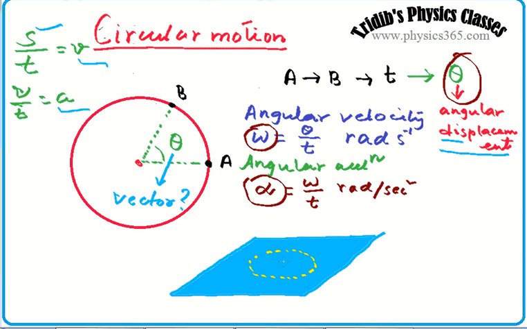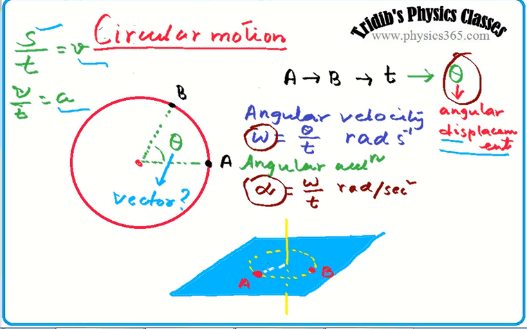So definitely there must be an axis of rotation. So this is the axis of rotation. Okay. Now suppose this is the particle at A, and it is moving to B, and in the process, it is making an angle.